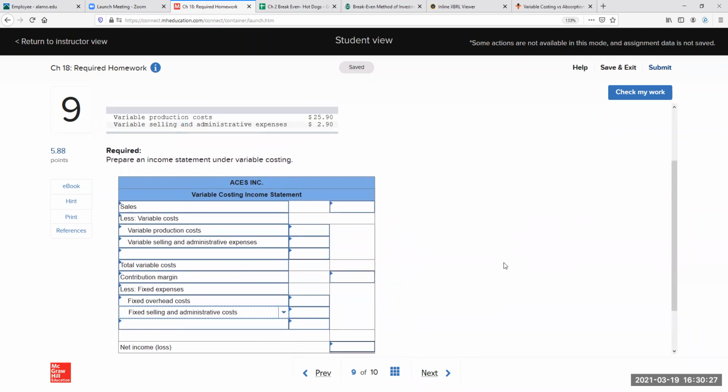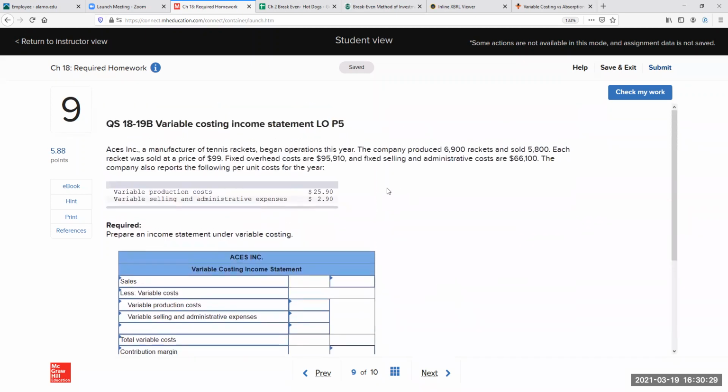So now you're just going to have to multiply. The manufacturing operation produced 6,900 and sold 5,800. 5,800 times $99 is 574,200.